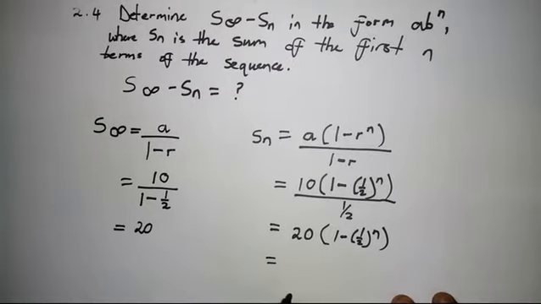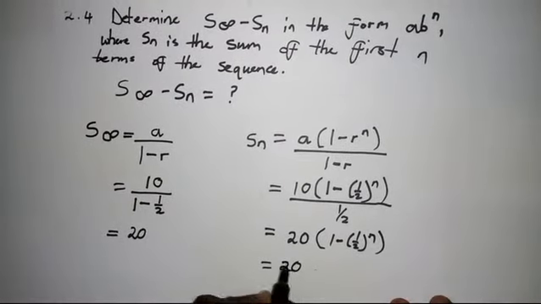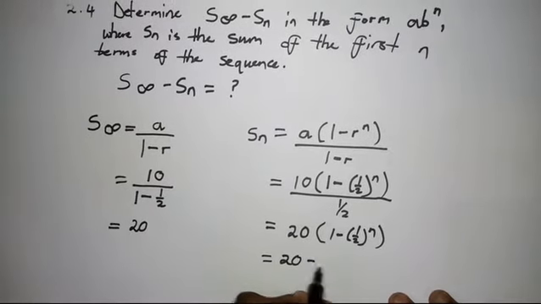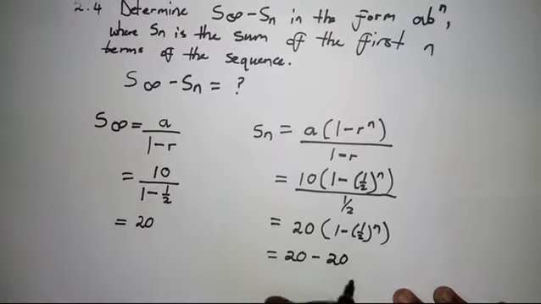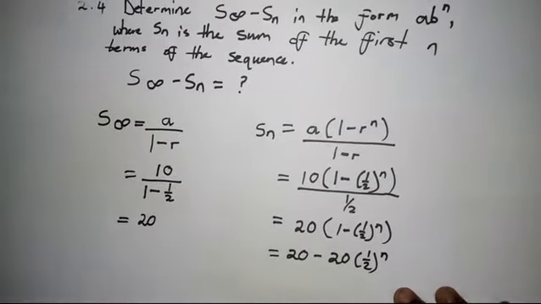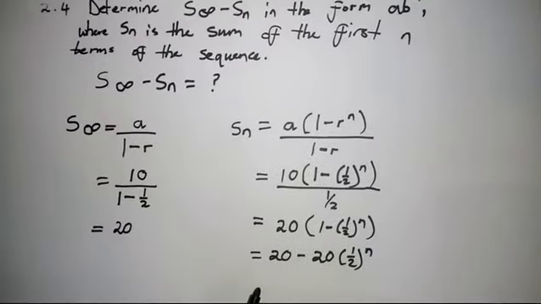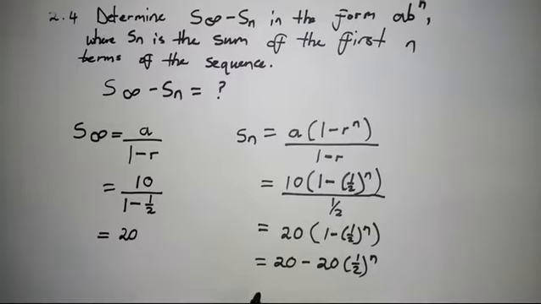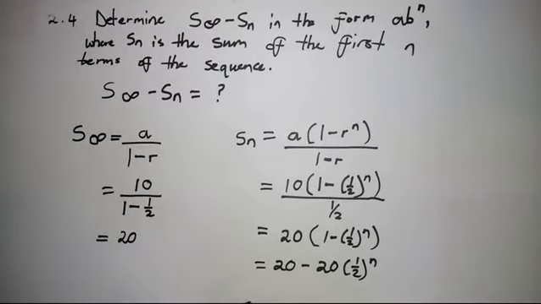Then you expand the term. So our Sn is equal to 20 minus 20 multiplied by a half to the power of n.